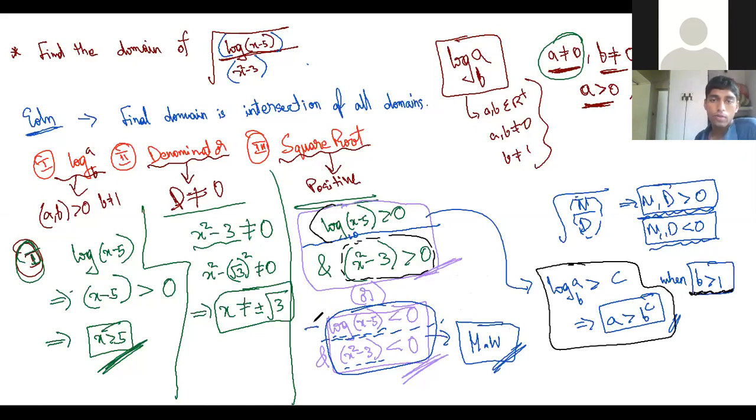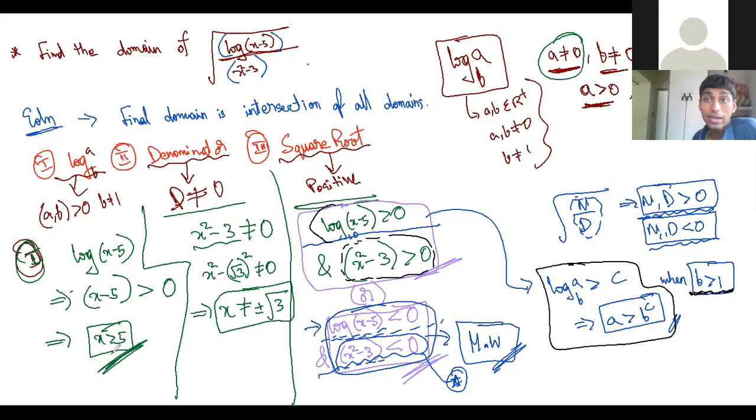You might have a little problem with log, but then you try to think about this. This is very interesting. When will this be less than 0? So the answer will be the intersection of all of this, which means x will be greater than 5 and x is not equal to minus root 3, plus root 3.